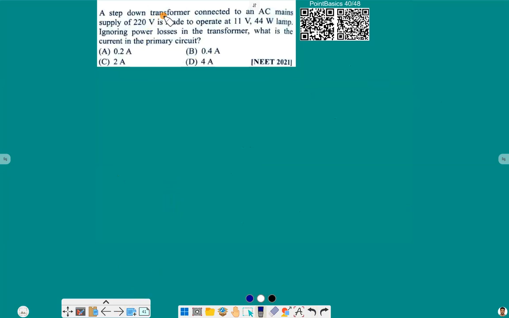A step down transformer connected to AC mains. Again, step down transformer, input 220 volt, operates an 11 volt, 44 watt lamp, ignoring the power loss of the transformer. What is the current in the primary circuit? So again, as done in the previous one, input power is equal to output power.